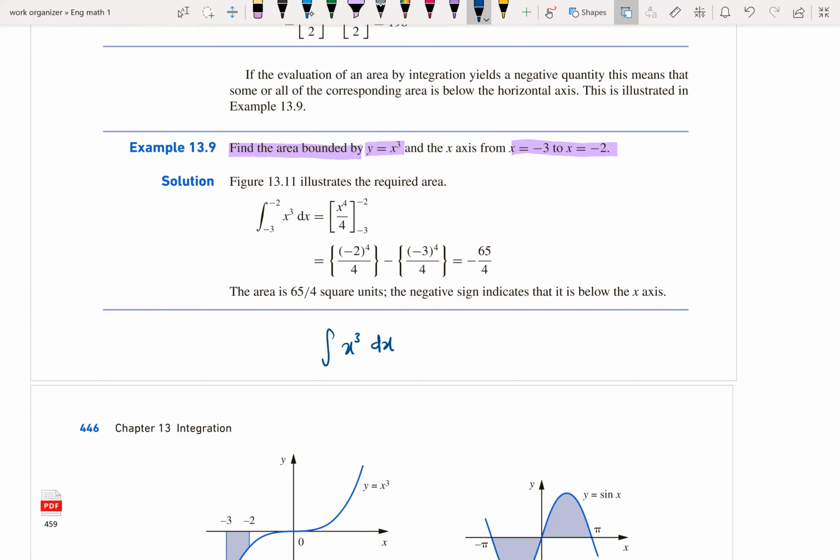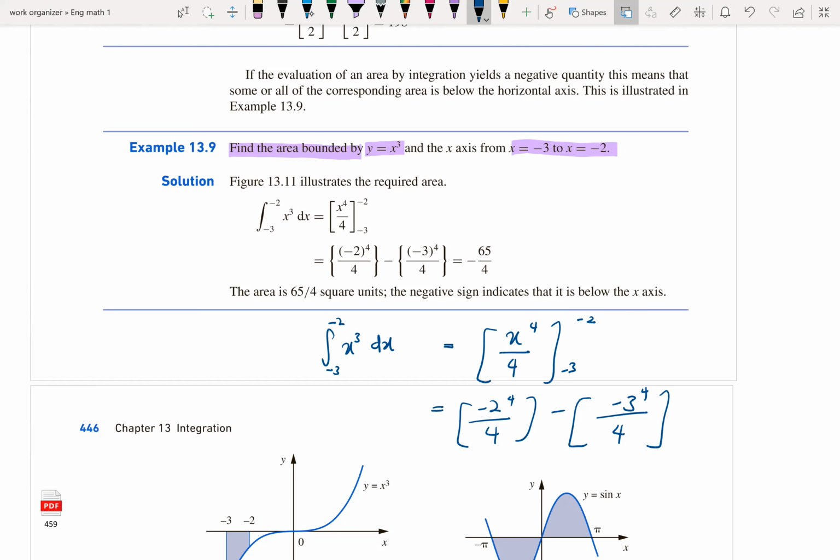The maximum number is negative 2, and this is negative 3. Integrate first, so it will be x to the power of 4 over 4. Then we substitute negative 2 first, and then minus negative 3 to the power of 4 over 4. So we will get negative 65 over 4.